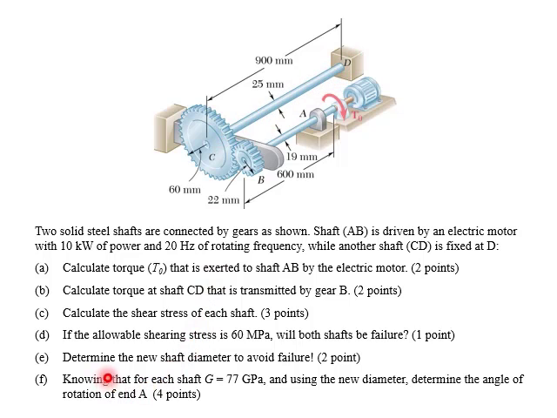So to solve question F, first you need to calculate the twisting angle of CD, and therefore you know the rotation of gear C. After getting the rotation angle of gear C, meaning you can get gear B, and then you need to calculate the twisting angle of shaft AB in order to get the rotation angle of A. The rotation angle of A is actually the summation of gear B rotation plus the twisting angle of shaft AB. So let's see the detail one by one.